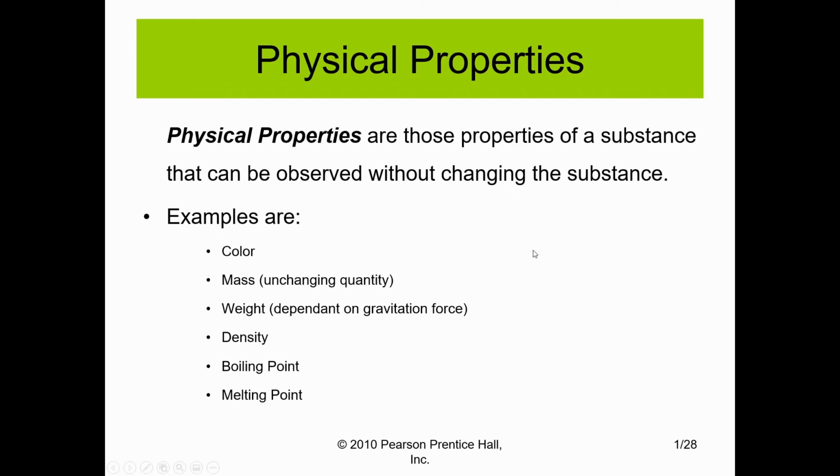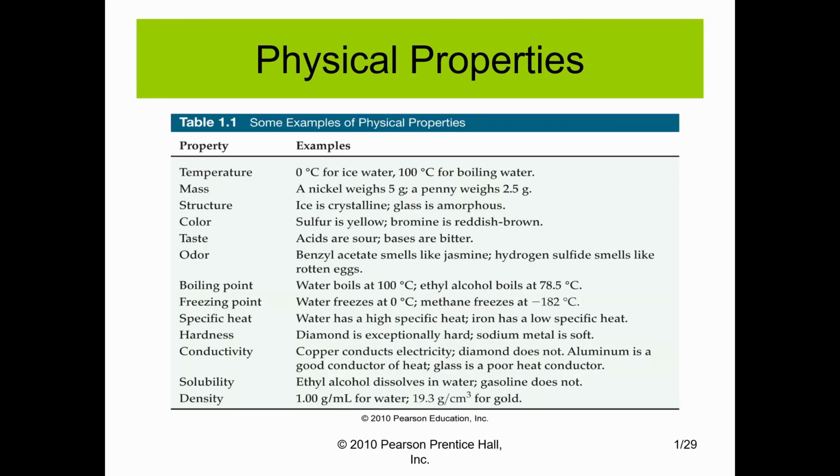We can observe something like the color by looking at it. We can observe something like the weight or mass, depending on where it's at, by weighing it. These properties won't change at all while we observe them. Here's a table of some examples of physical properties.